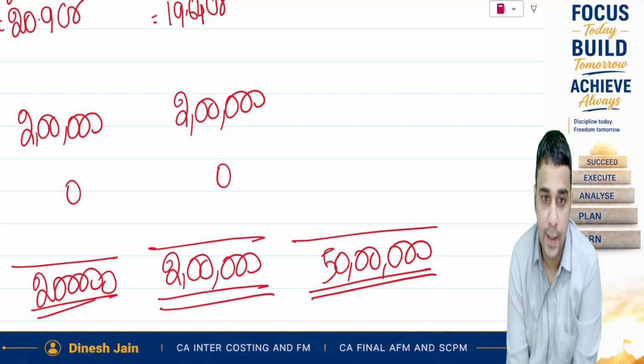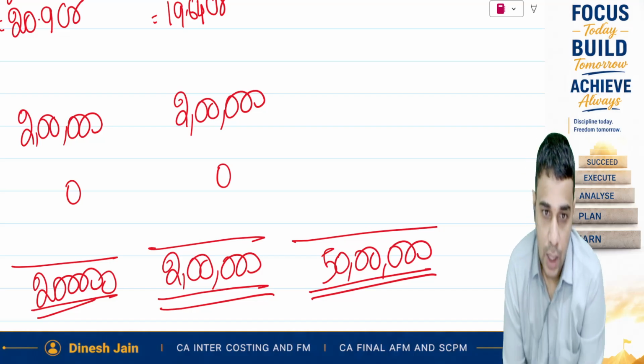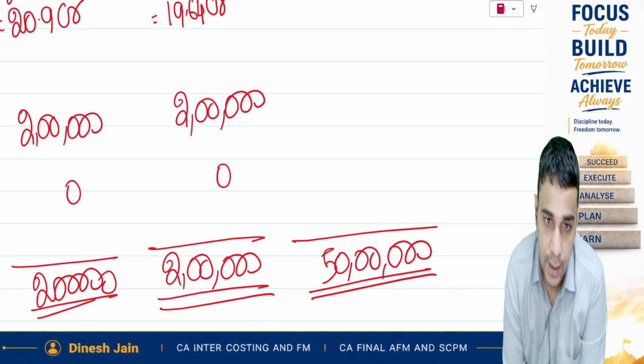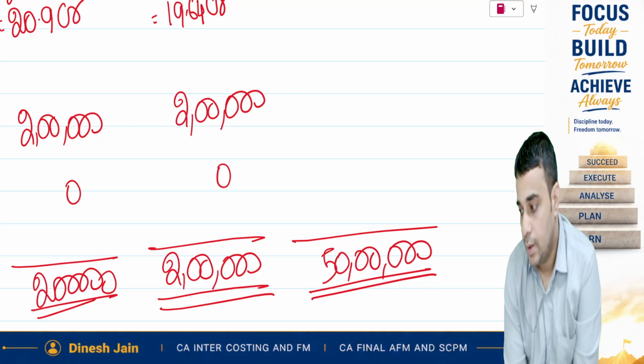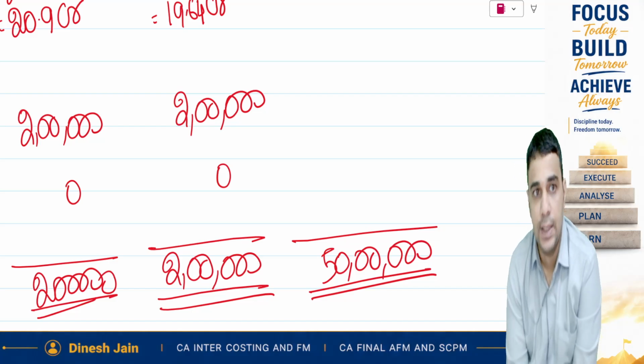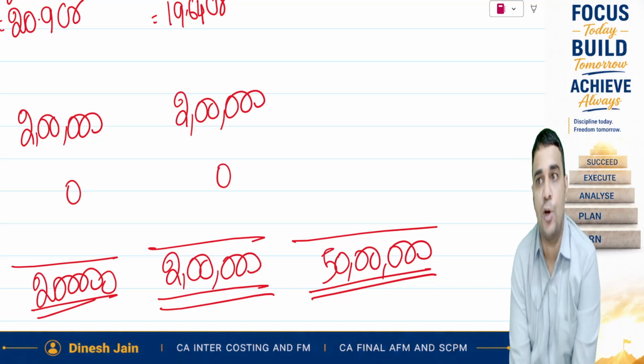I want the return percentage. I've got the amount in live online. Get the return percentage to get an incentive of 50 lakh rupees.